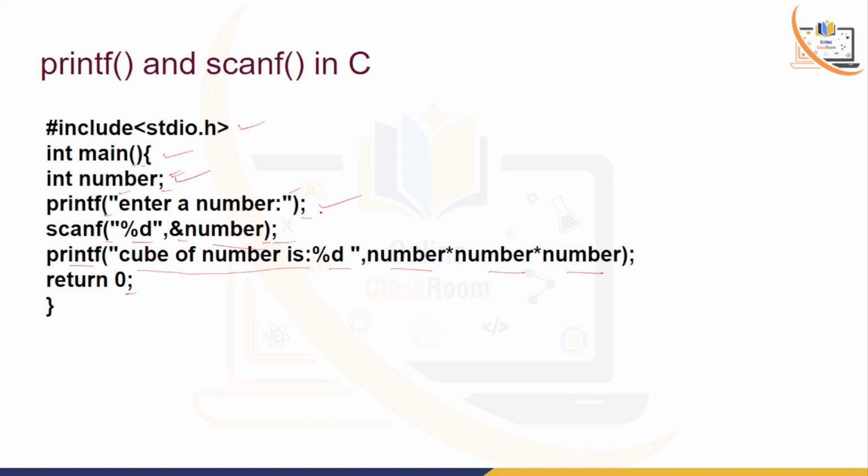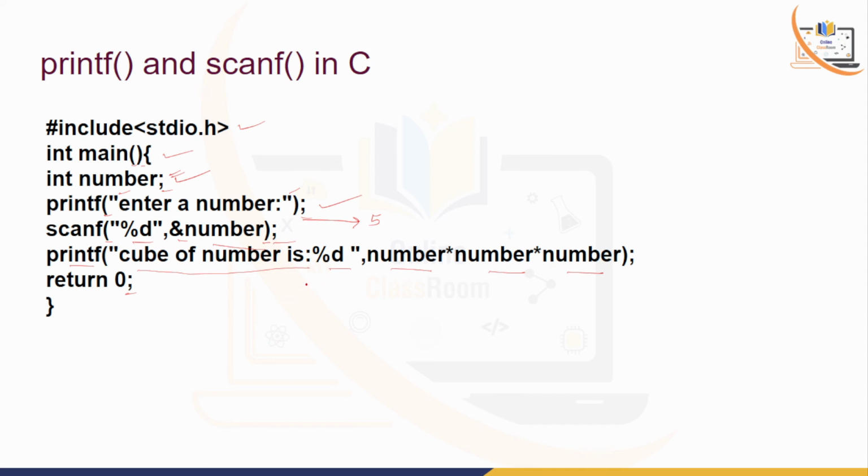After this message, if I give input as 5, scanf will save this number somewhere in a memory in your computer system or in your RAM. Now after that printf the cube of that number. Suppose the number here is 5, 5 into 5 into 5, so it is nothing but 125, right?